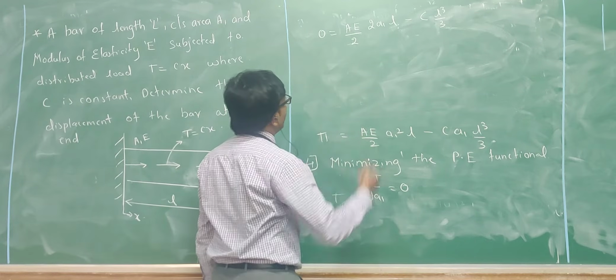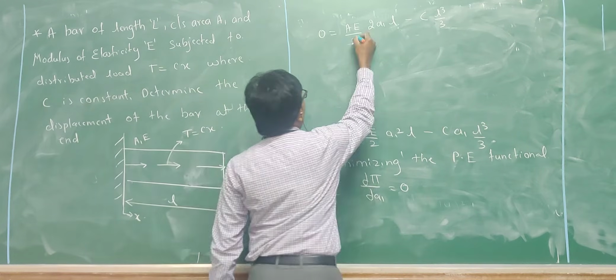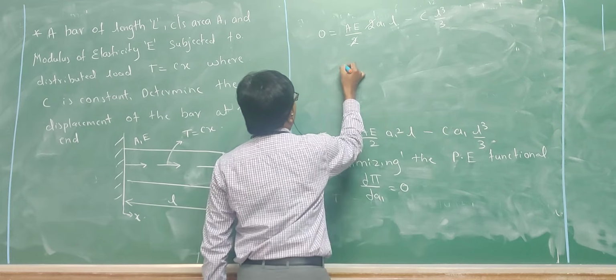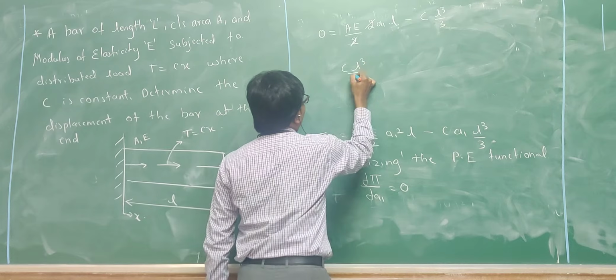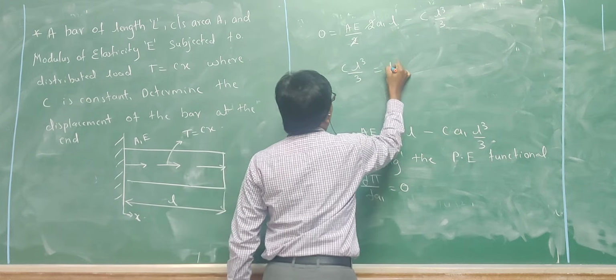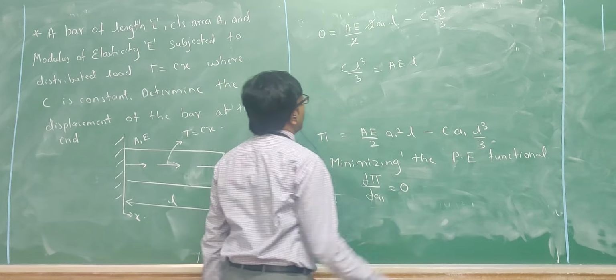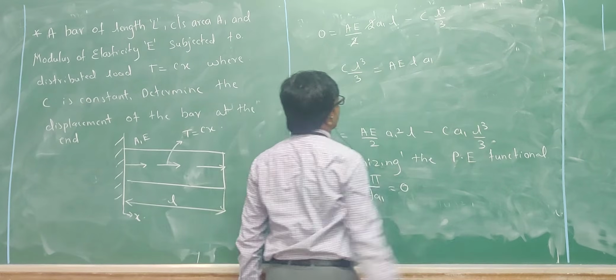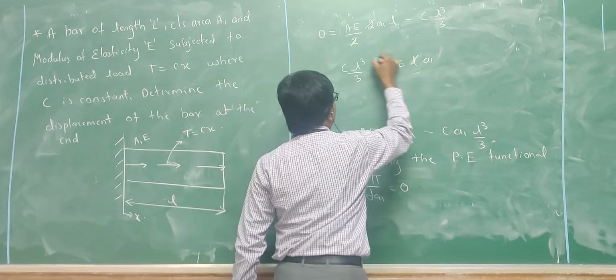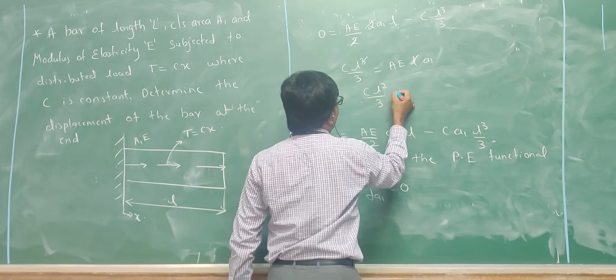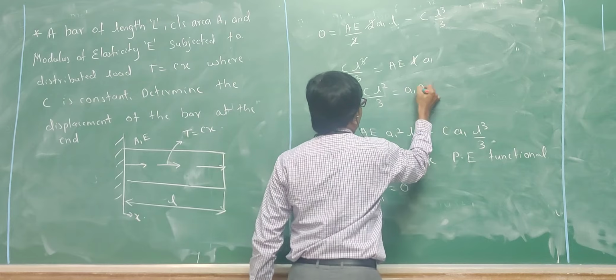So now we will be finding out the value of a1 here. So what you will get, c L cube by 3 will be equal to AE L into a1. Okay, so L gets cancelled, so it becomes c L square by 3 equal to a1 AE.